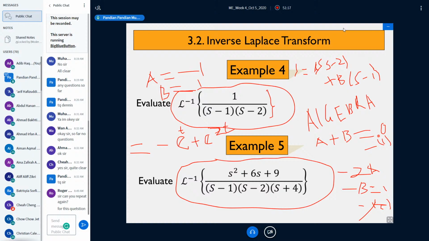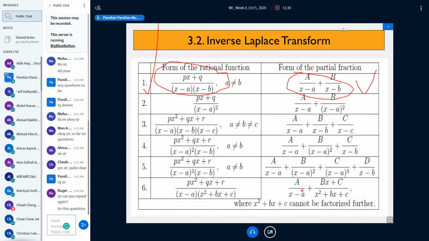This A plus B equals 0 is for the S power. So you solve these two equations, class, and you find A is minus 1, B is 1. Answer: A is minus 1, B is 1. So that means the value here A is minus 1 and your B is 1.